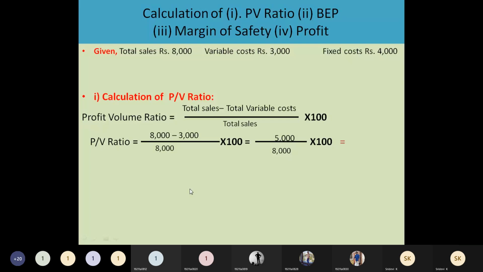The same thing you write here, 62.5 percentage of PV ratio.